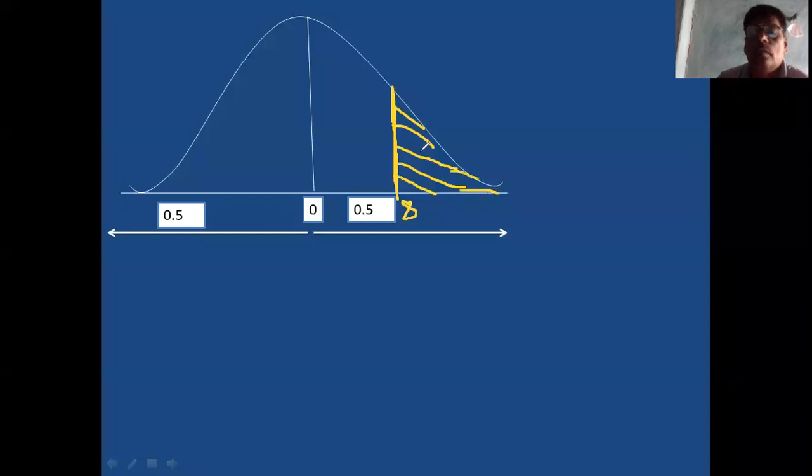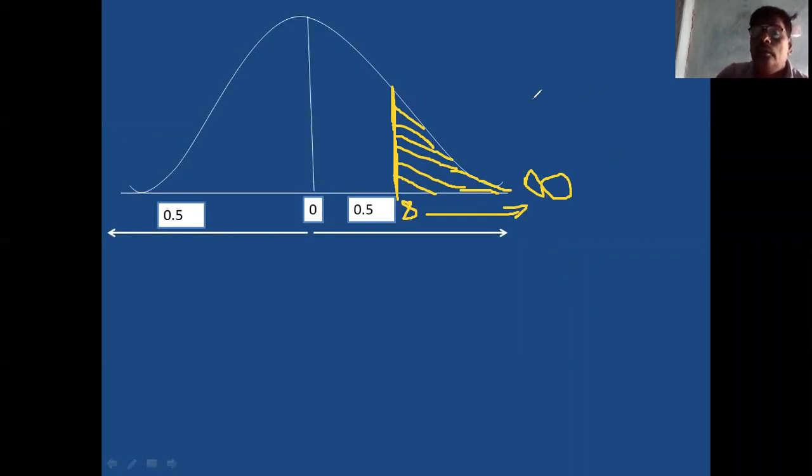You see here, what is the value from 8 to infinity? Here is the infinity, the last number. 8 to infinity, what is the area? 8 to infinity area is required.